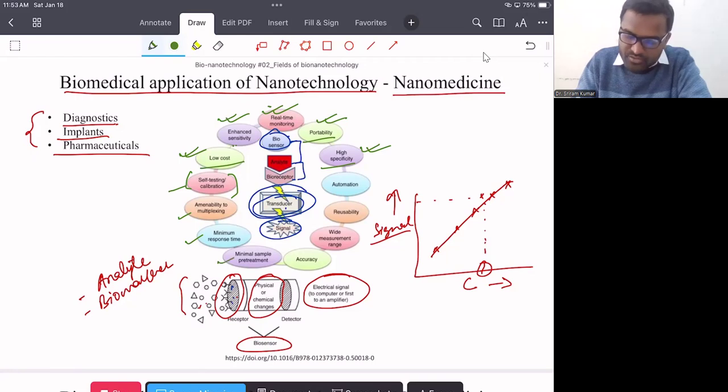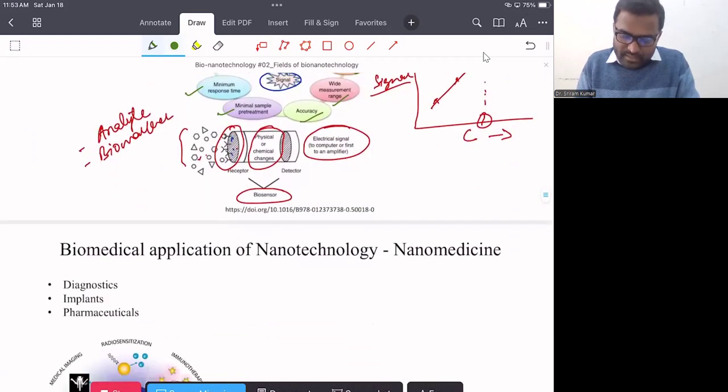Minimal sample treatment is needed. The sensor should be accurate, with a wide measurement range, automation, and reusability. So these are the key components of any sensor. It should have reusability, so that we can use it again and again. That will reduce the overall cost of the sensor.